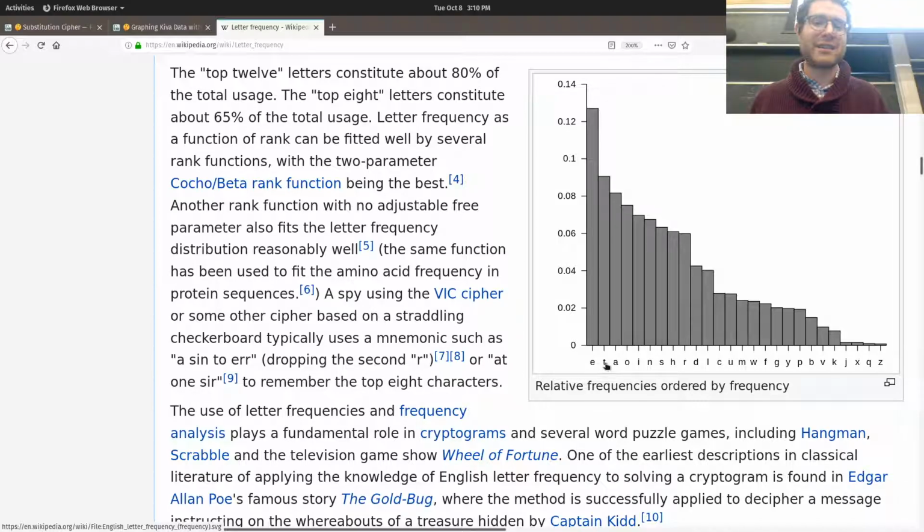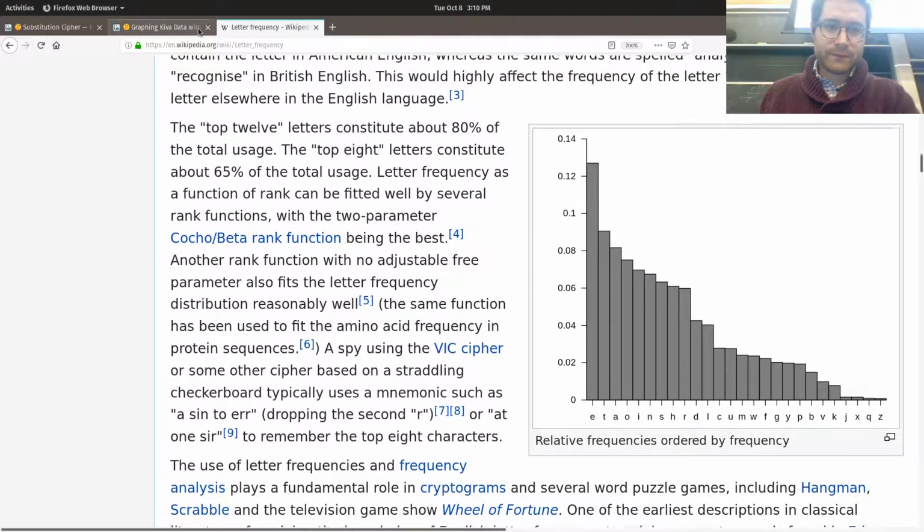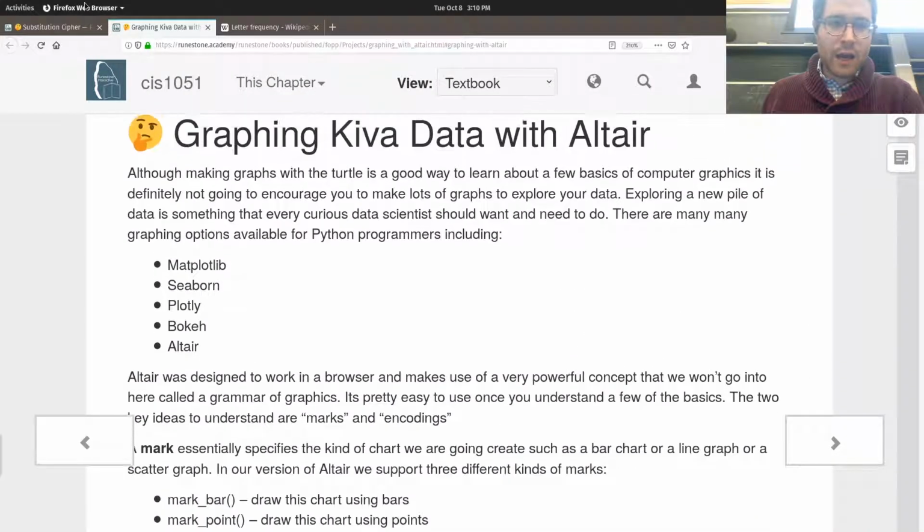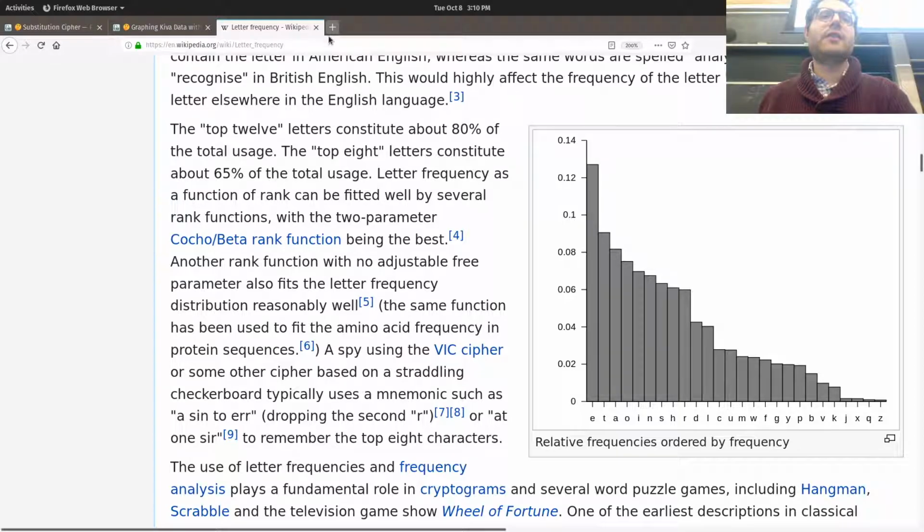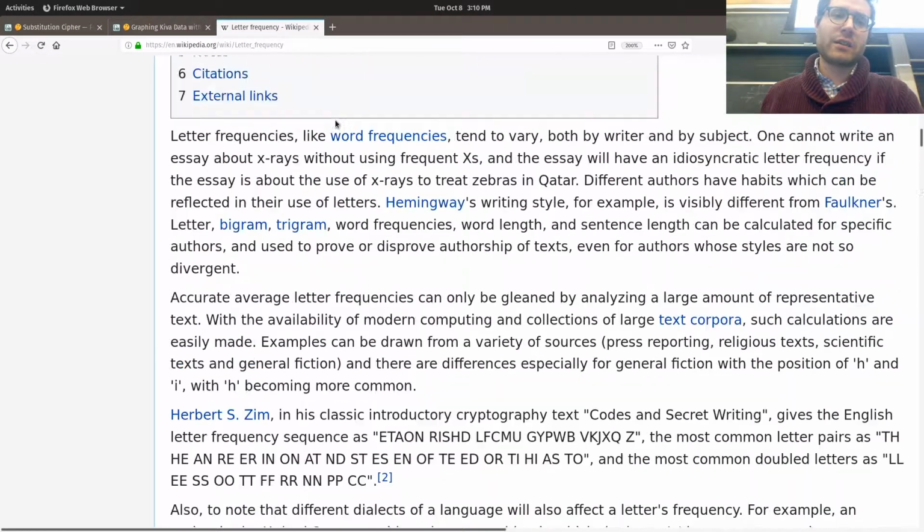Start with E, then T, then A. Also, if you have an N in the second to last position, an I and a G are probably good guesses, because that means you've got an ing word. So that can be broken still.